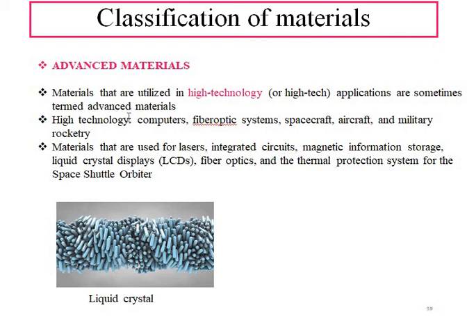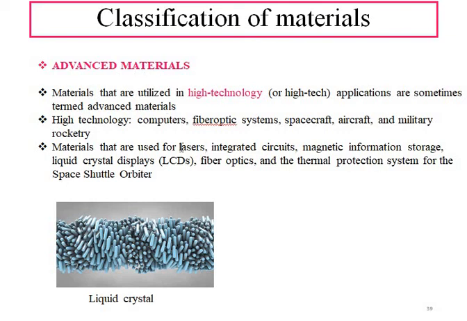High technology here refers to the computer, fiber optic system, spacecraft, aircraft industry, military and rocket industry, and all. The materials used for lasers, integrated circuits, magnetic information storage, liquid crystal displays which we see in our TV, fiber optics for our strong and fast internet connections, and thermal protection systems which may be used for space shuttles all come under this category of advanced materials.